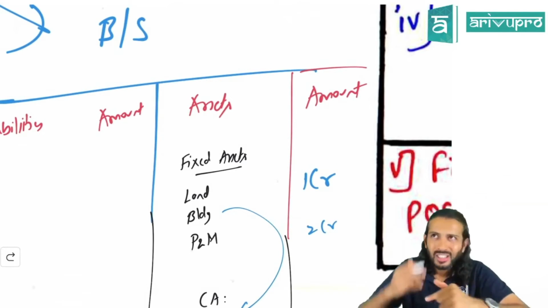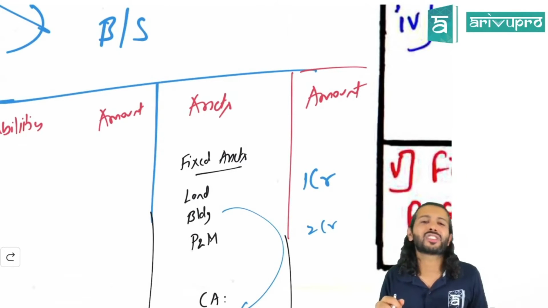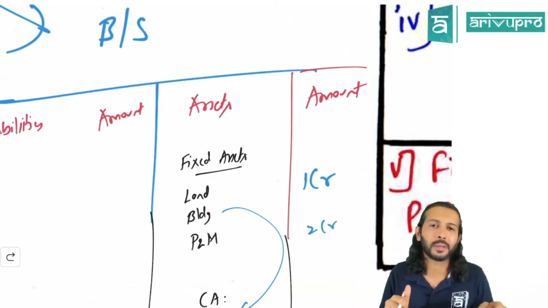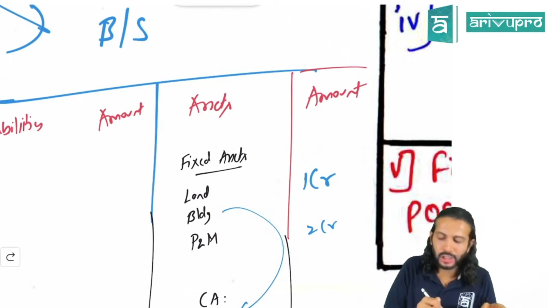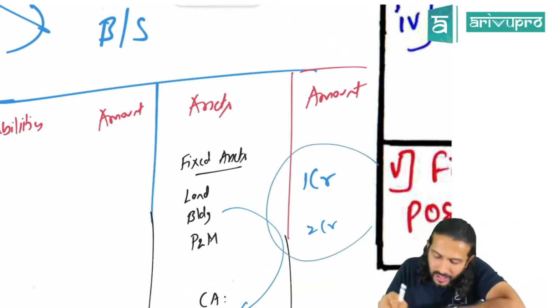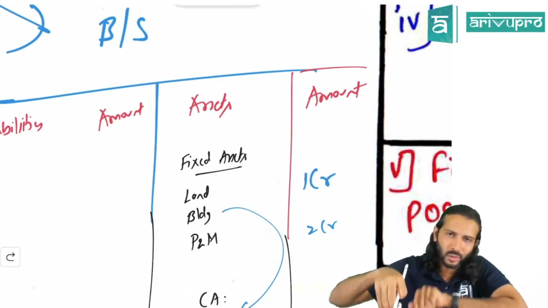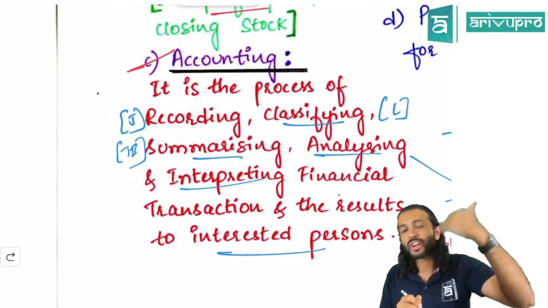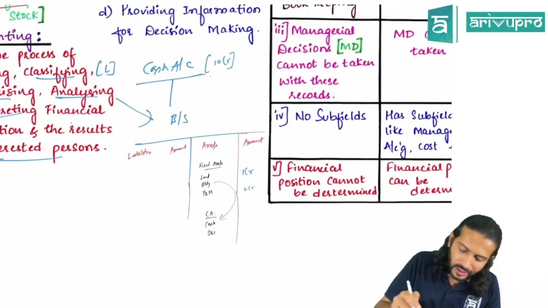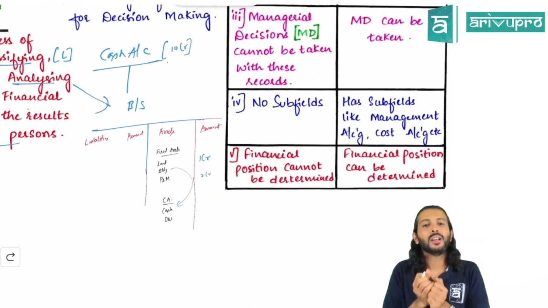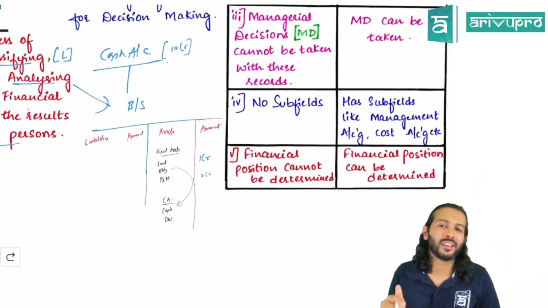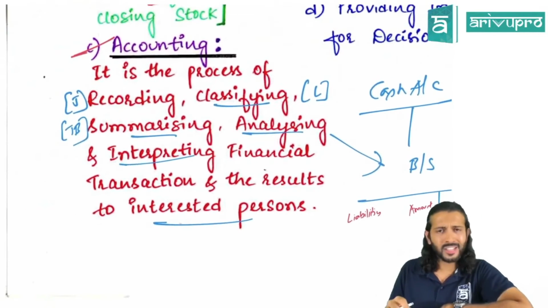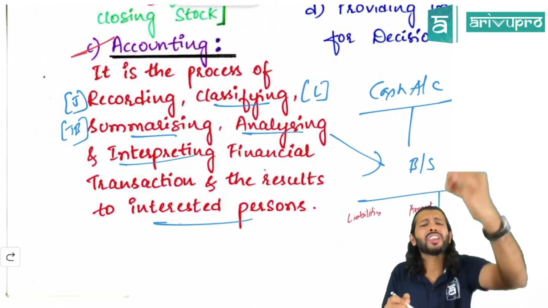No. That means I need to give some explanation to my shareholders for the numbers that I give here. That we call interpreting. Give some extra data about the components in financial statements so that people will understand them better. That's your interpretation activity.